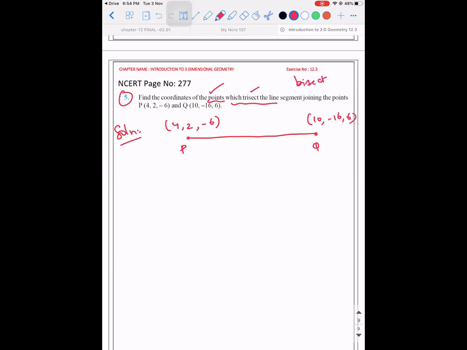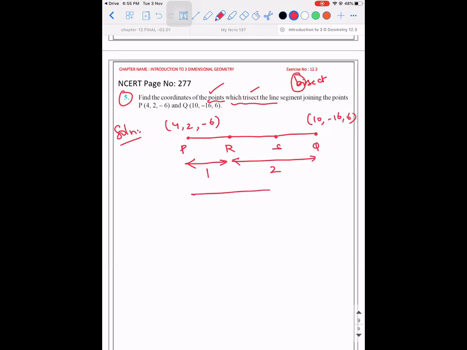Bisect means divide into 2 equal parts, where bi refers to 2. Trisect means it divides into 3 equal parts. If I take this point as R and this point as S, then if PR is of value 1, then RQ will be of value 2.